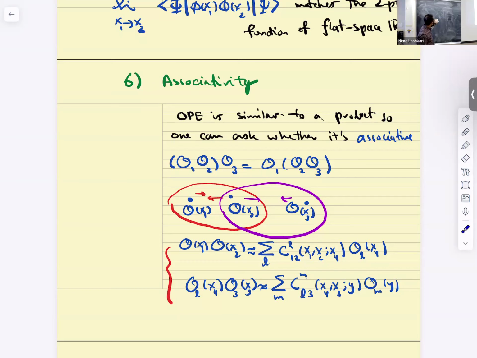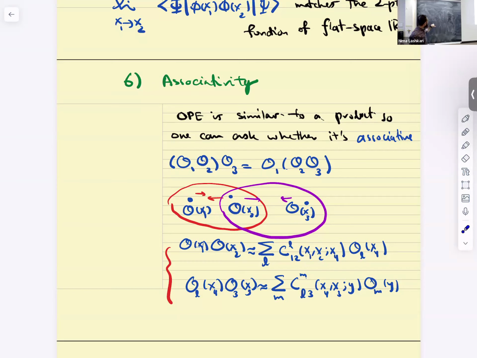You could write down directly the OPE of three operators in terms of operators O_k at y. Or you could do this. You could write down the OPE of these two guys.